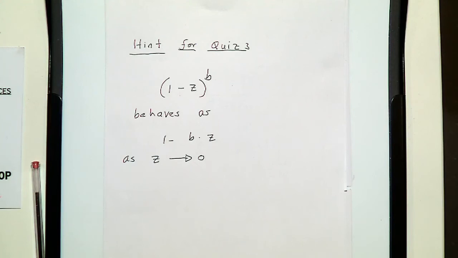That is, if you have something like 1 minus z power b and z approaches 0, then you can replace 1 minus z power b by 1 minus b times z. That's the only hint I can give you. Otherwise it shouldn't be difficult to do quiz 3.